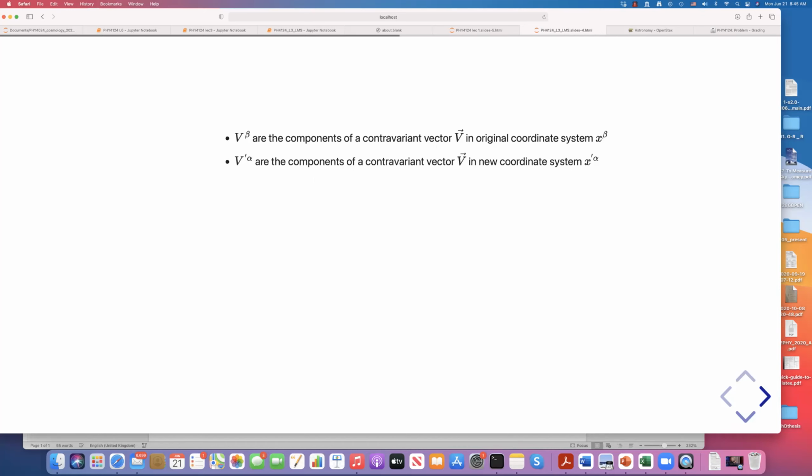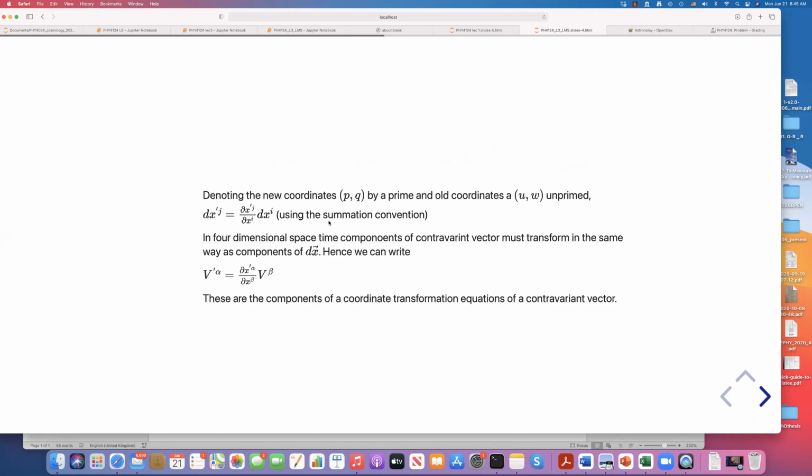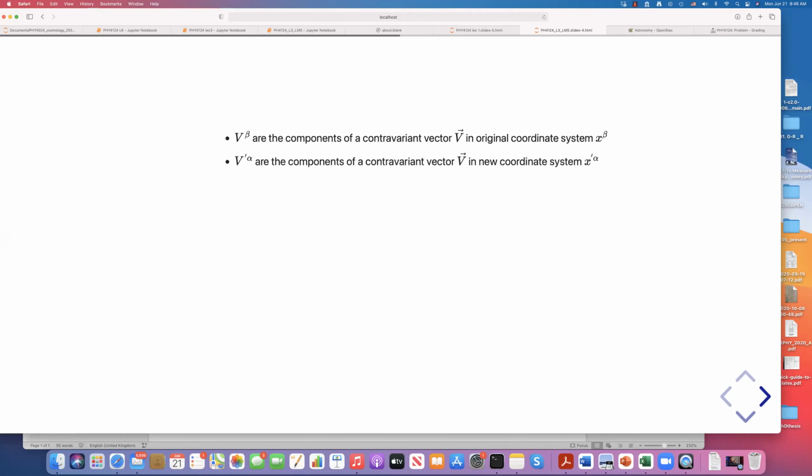And v'α are the components of the contravariant vector V in the new coordinate system x'α. If you go back to this particular expression right here, the alpha represents the new coordinate system, beta is the older coordinate system, right? So that's how these two are explained.